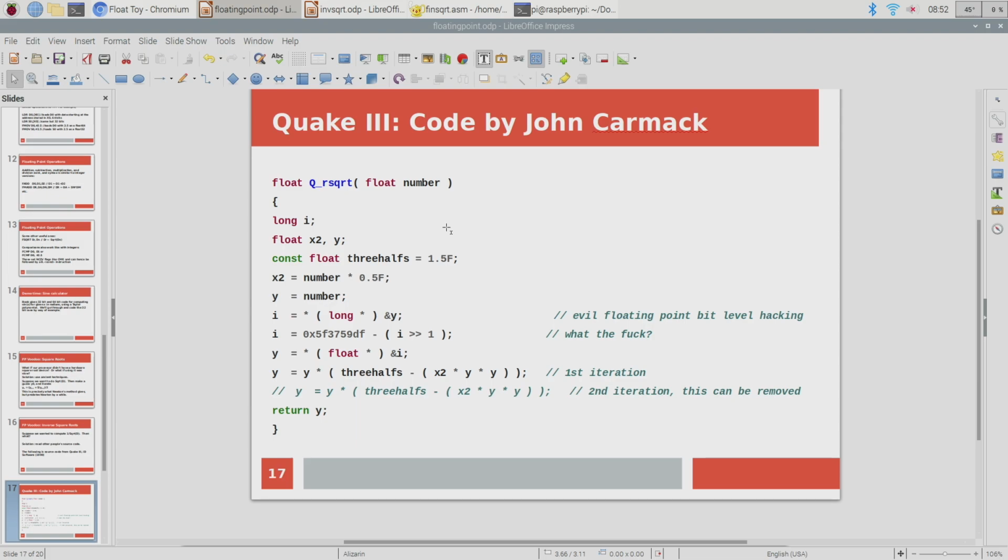Now, the minus sign, we're going to subtract this thing as an integer from something. 5F3759DF, that's the WTF part of this. Where the hell did that number come from? For that, you can go watch my math colloquium, or CS colloquium, I guess.